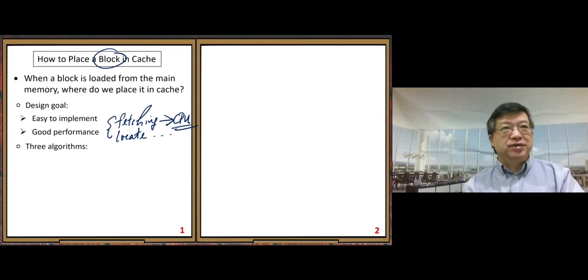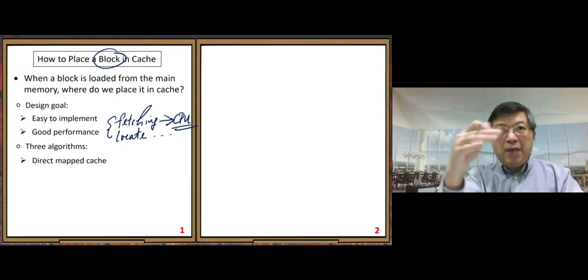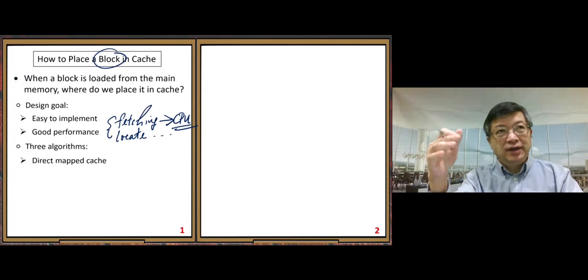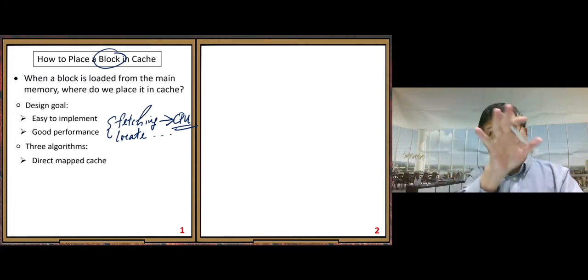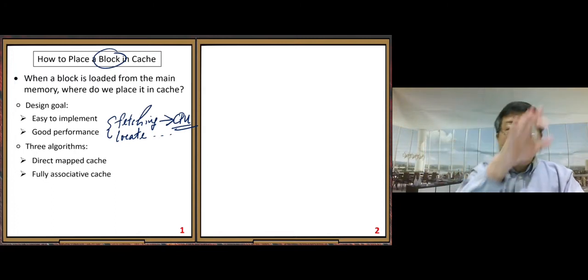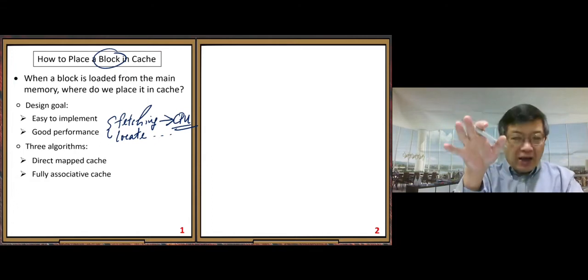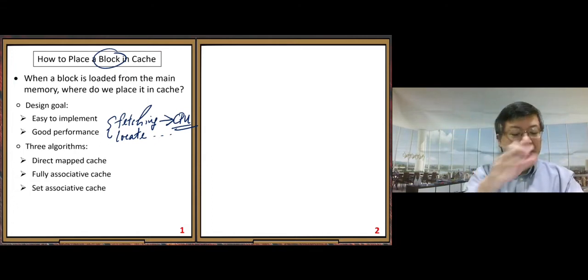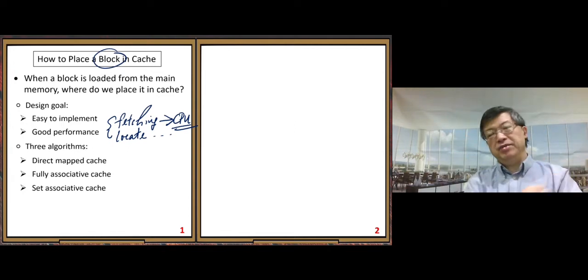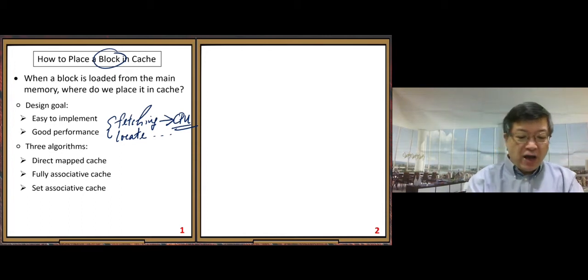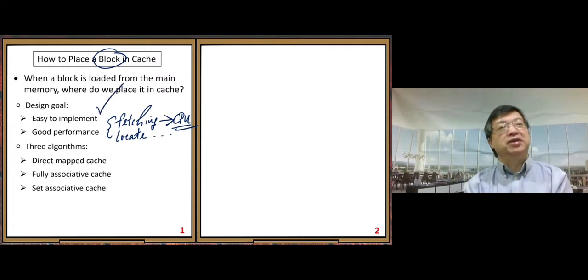Three algorithms. The first one, direct mapped cache; next page, we talk about direct mapped cache. Second, fully associative cache. Third, set associative cache. There are these three basic algorithms. All of them satisfy the first goal, easy to implement.